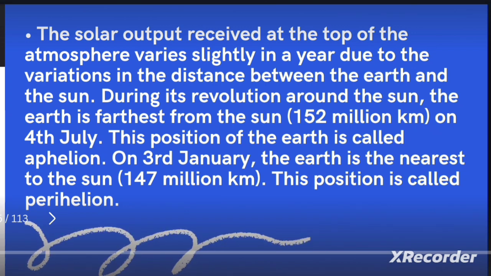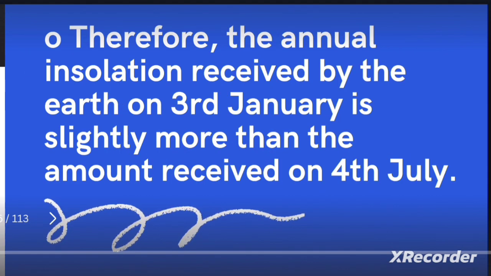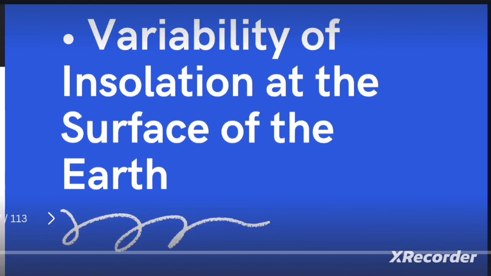On 3rd January, the Earth is nearest the Sun, 147 million kilometers. This position is called perihelion. Therefore, the annual insolation received by the Earth on 3rd January is slightly more than that received on 4th July.